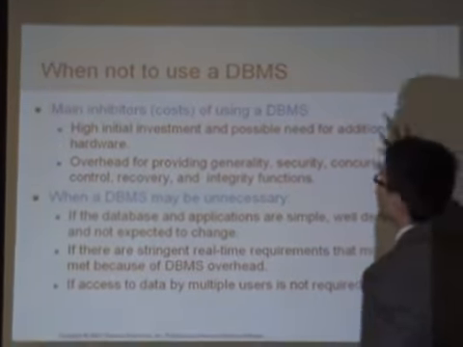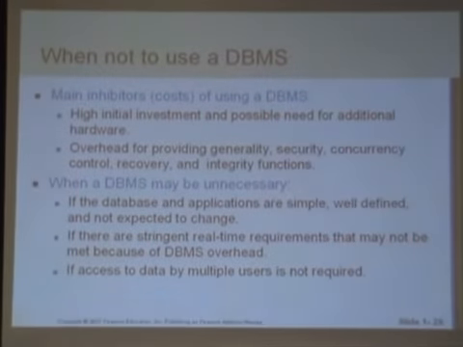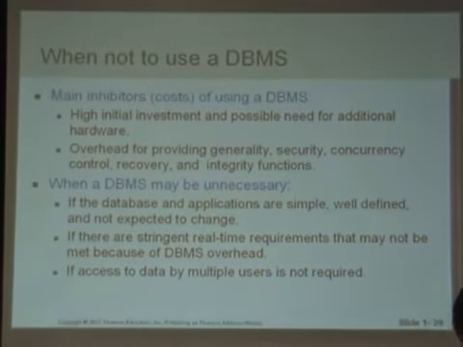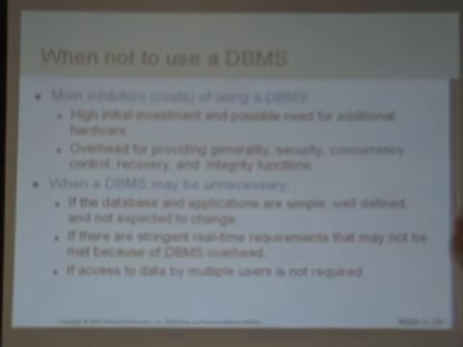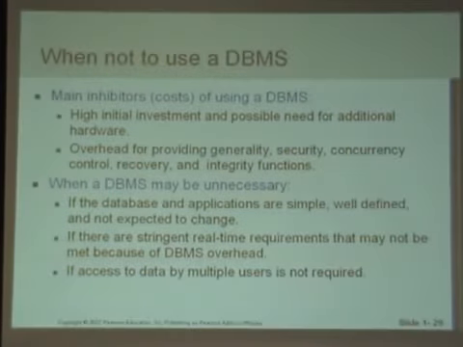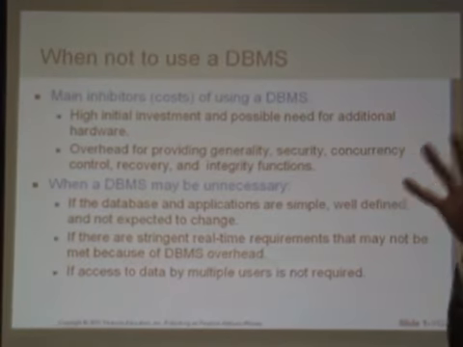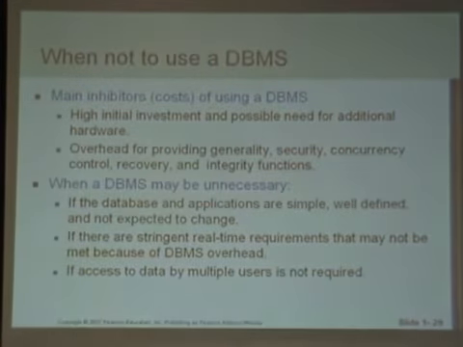So when not to use a DBMS: first, money and the size of the data. Sometimes using a DBMS requires overhead, also more effort or more time to manage, and makes it hard to write the program.